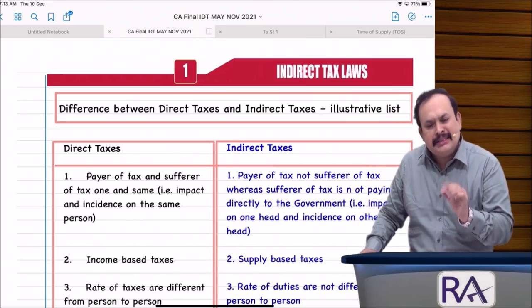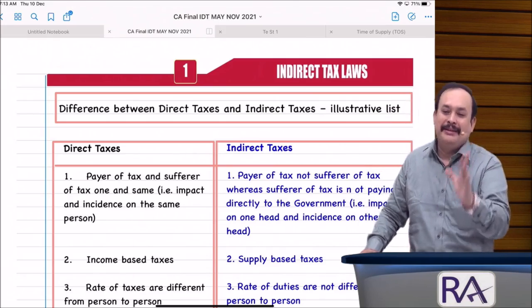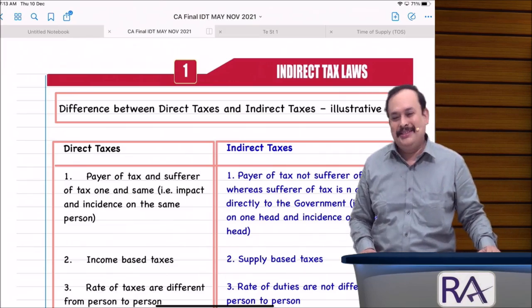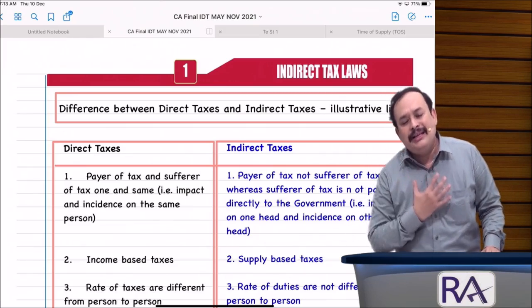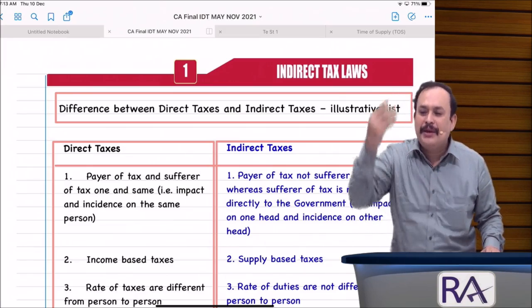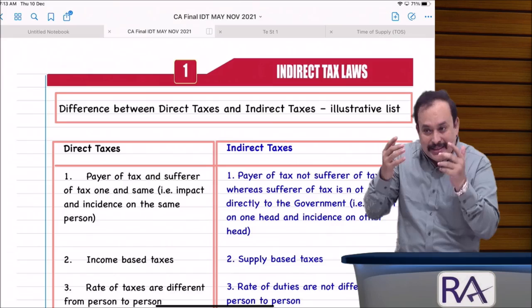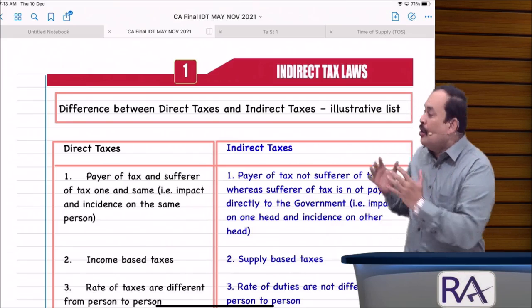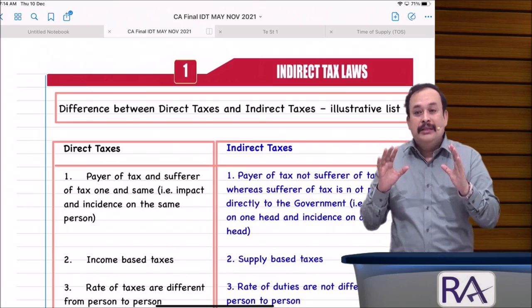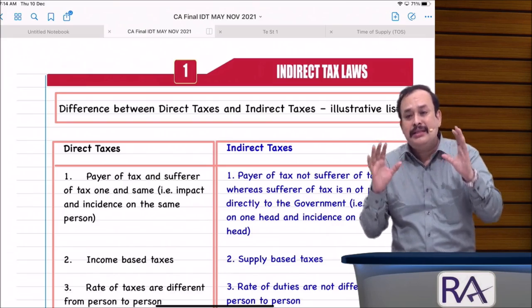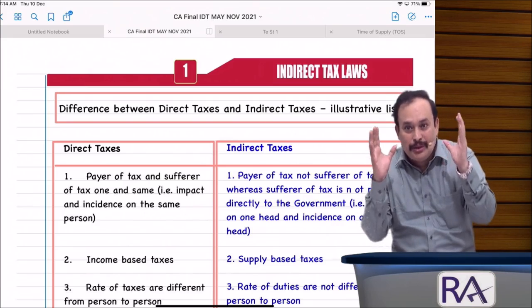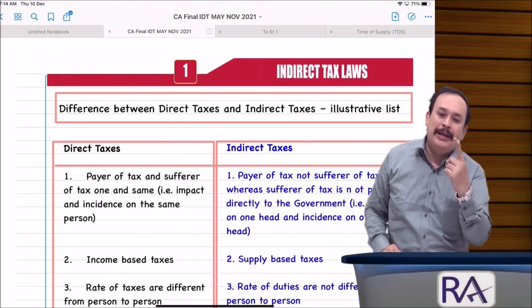But I am presenting here indirect taxes entirely different from direct taxes. One should understand that. How are indirect taxes different from direct taxes? First, once you understand that area, then you will frame the indirect taxes boundaries. Once you know the boundaries, it is easy for us to play within it.